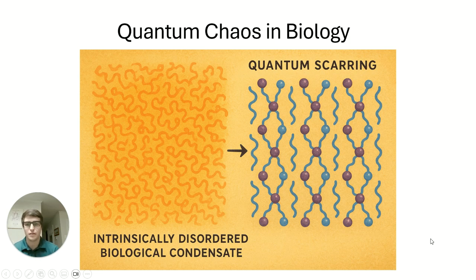About 40% of proteins and a lot of RNA and DNA nucleic acids have intrinsically disordered regions, and that's part of how they function. They're naturally chaotic, and that's how they need to be so they function correctly.